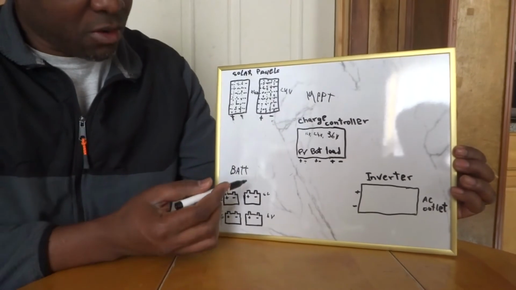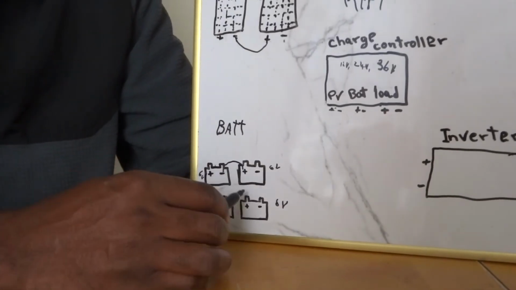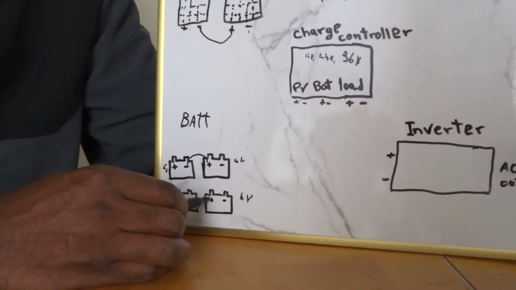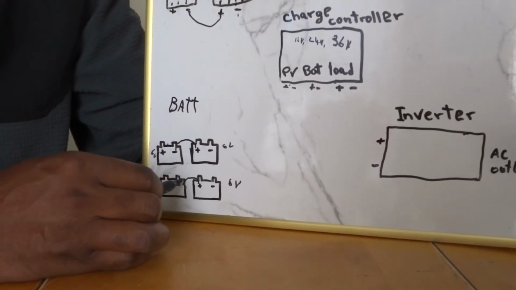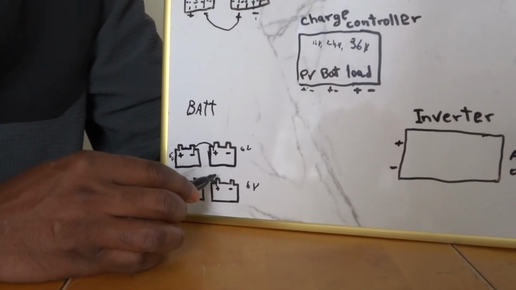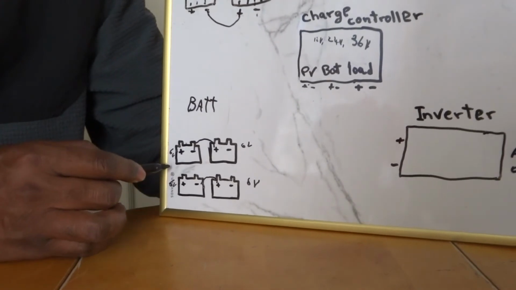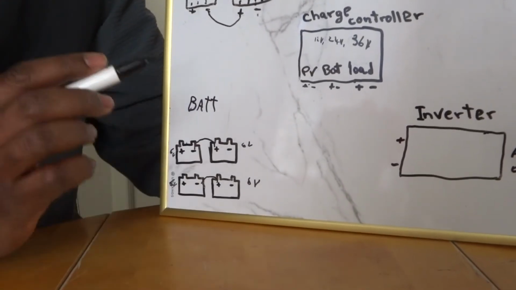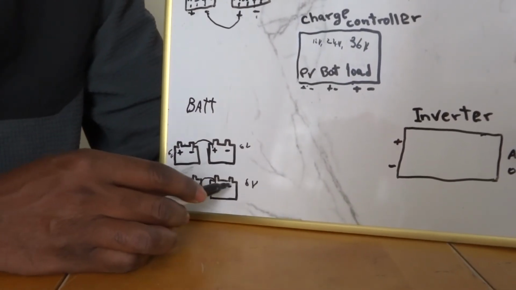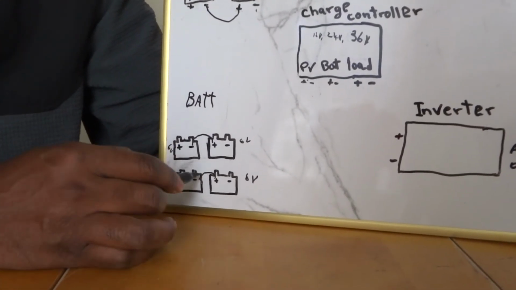For our 24 volt system, one battery is 12 volts, and down here the same, positive, negative, another battery 12 volts. Since we're doing a 24 volt system, we're going to still add positive to negative. That's the trick. We have two batteries, one here, another one here.